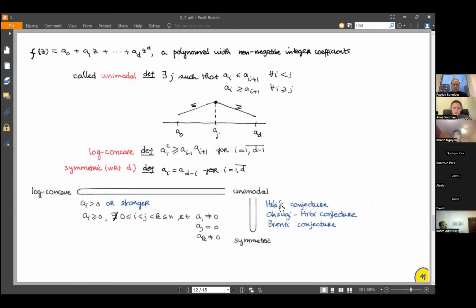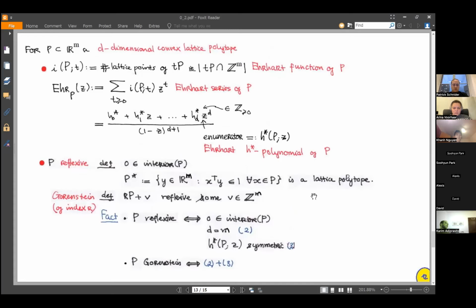Here are the Hibi conjecture, the Stanley conjecture, and the more general Brändén conjecture. So let me explain what the three conjectures are. First, I suppose that P is a d-dimensional convex lattice polytope.